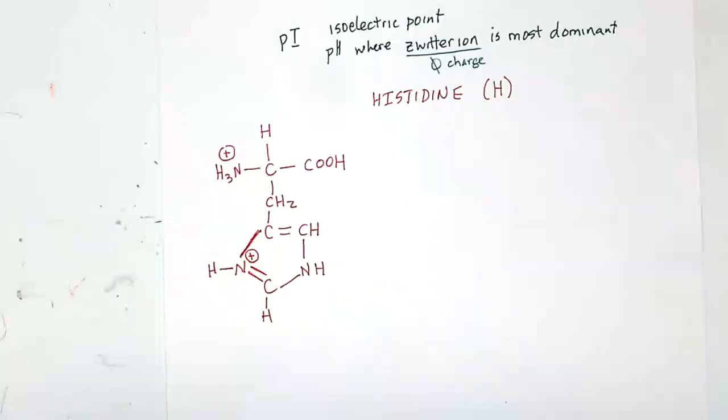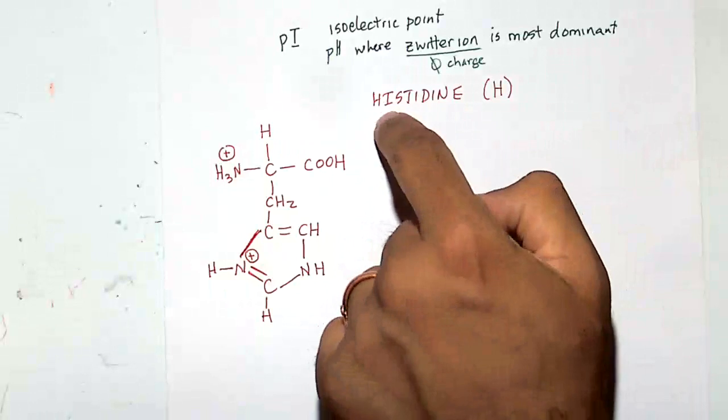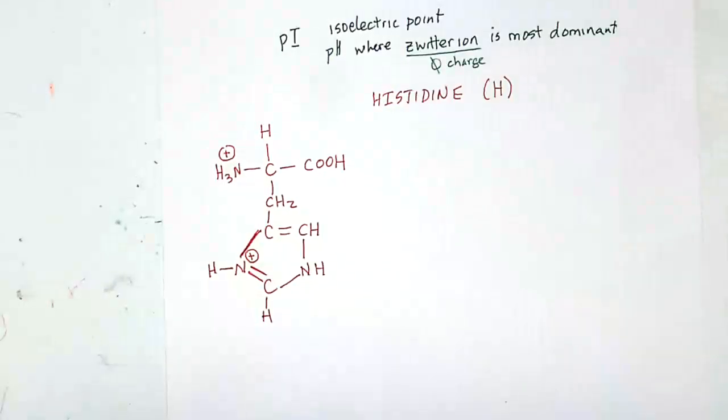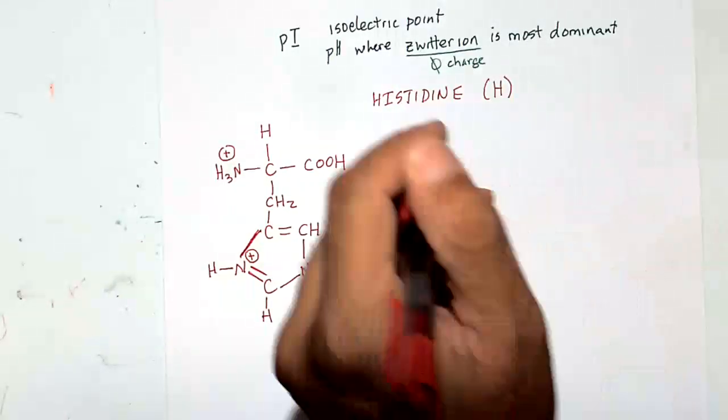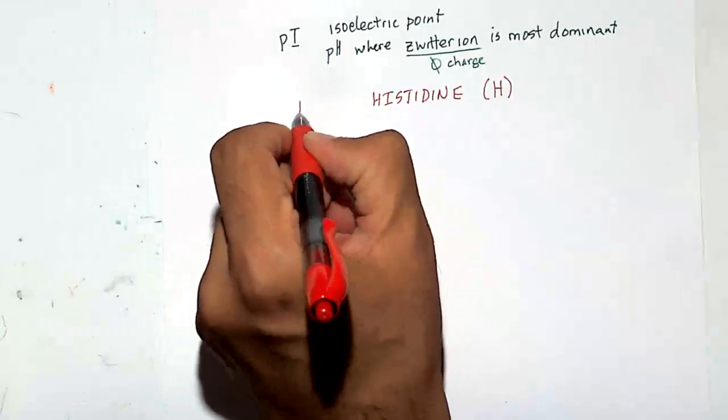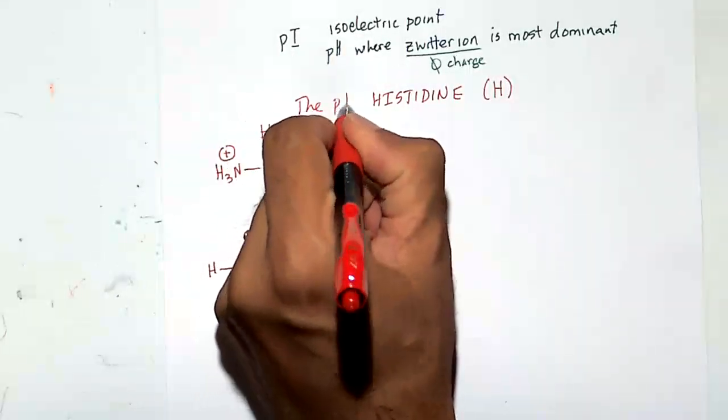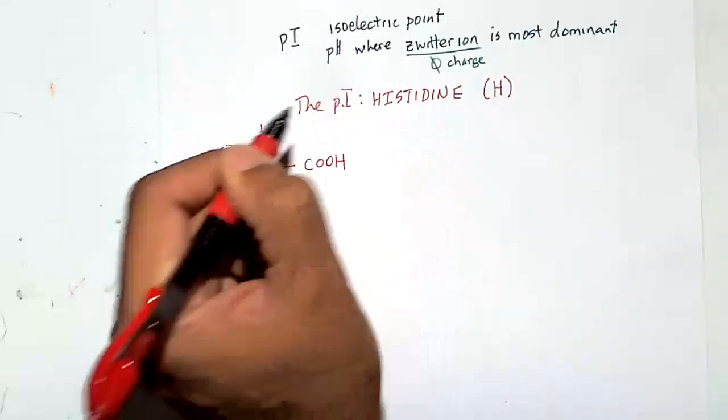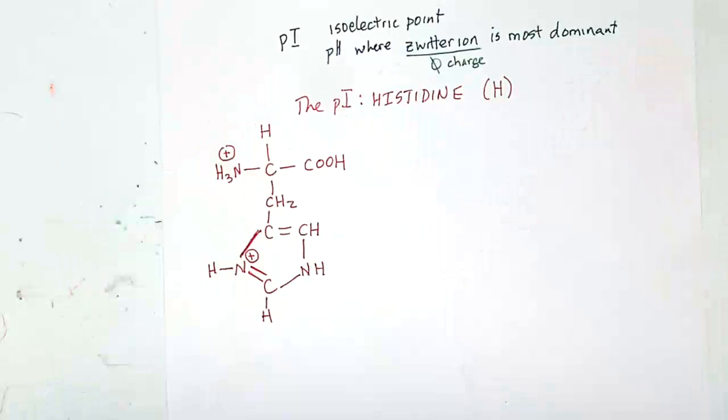A lot of these I've memorized, but unfortunately I have not memorized histidine, so I'm sorry. All right, so we draw the structure of histidine in calculating the Pi of histidine. We will calculate the isoelectric point of histidine.